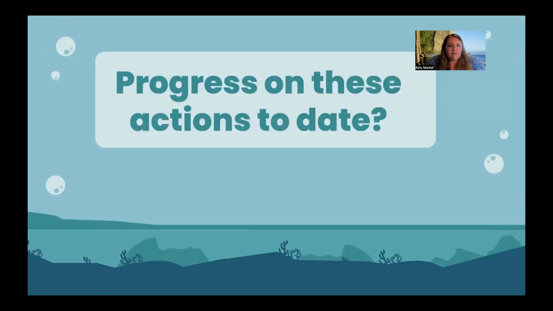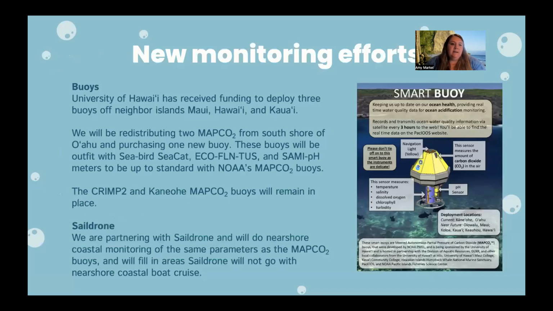So any other progress on these actions to date, besides what I just mentioned with the vulnerability analysis, we also have, next, new monitoring efforts, including more buoys. So the University of Hawaii has received funding to deploy 3 buoys off of neighbor islands.